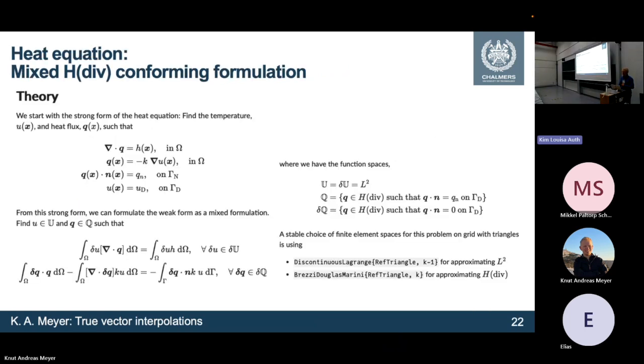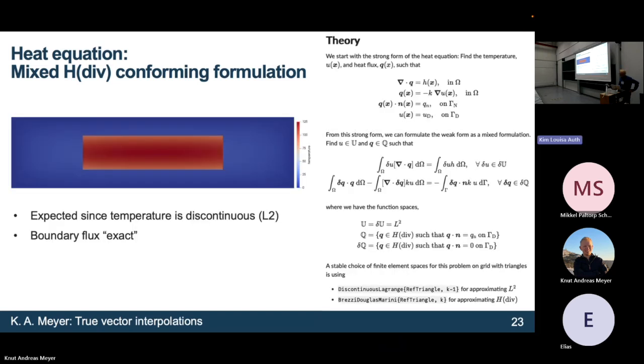Some quick examples, when can you use this? No details. Mixed problems, for example, you do a dual formulation, you want to solve the constitutive relation in a weak form. That can sometimes be used for the heat equation. This is the temperature field, it doesn't look so good. It's discontinuous.